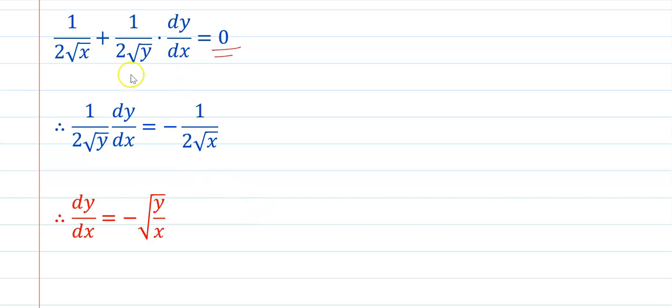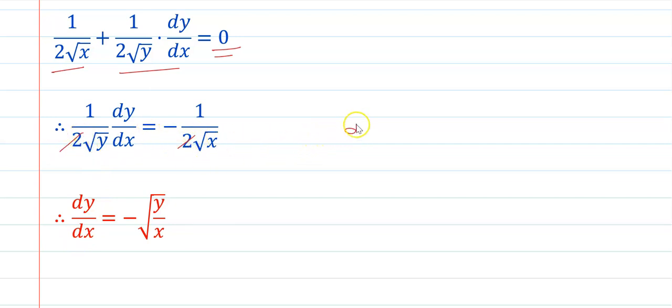Next, dy by dx terms we will keep on the left hand side and other than dy by dx to the right hand side. 1 upon 2 times root x on the right hand side will become minus. Keep this dy by dx on the left hand side, and therefore first this 2 will get cancelled. Then what you will get?